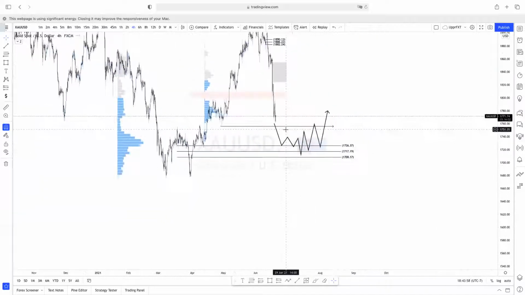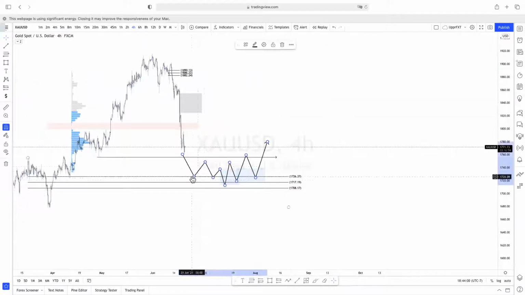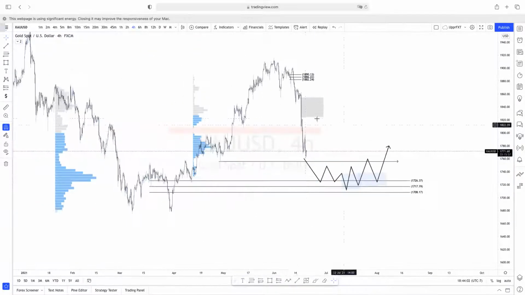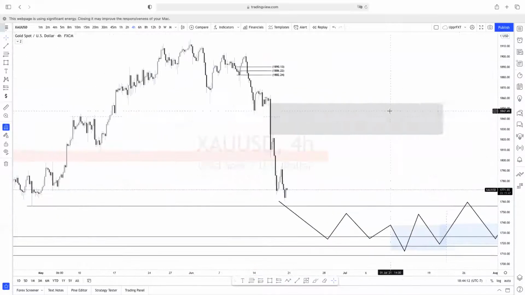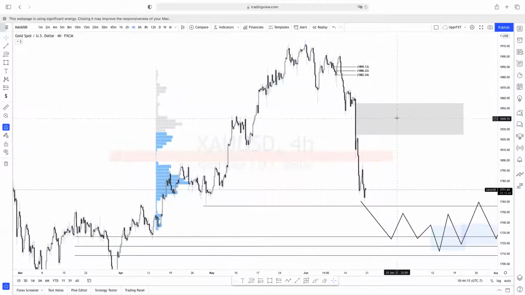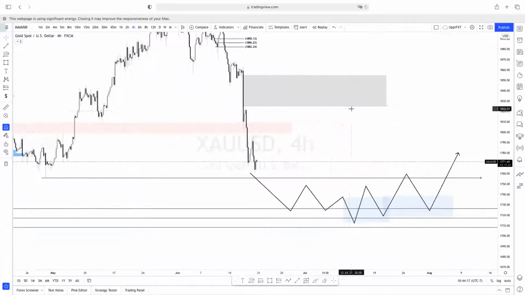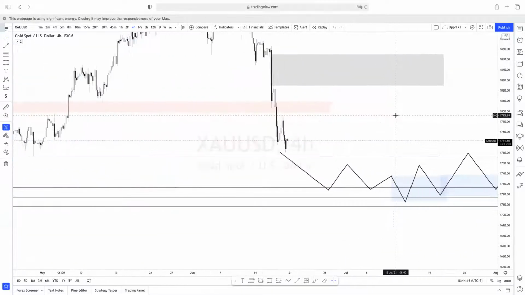So say if price does come down here and you want to buy, that's an area you can target. This imbalance, 1840, 1824, 1825. If you want to be specific about the prices, that's what I see for now.